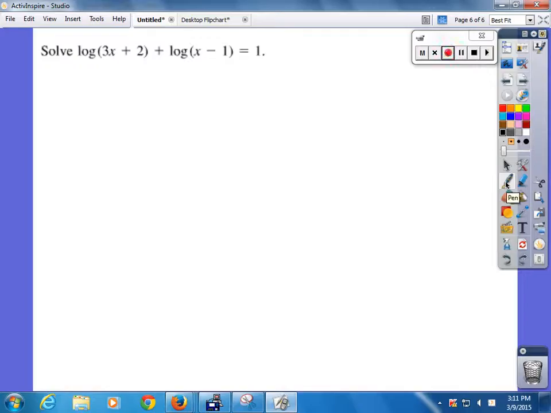Multiply. So using the product rule of logarithms, that's going to give us log base 10.